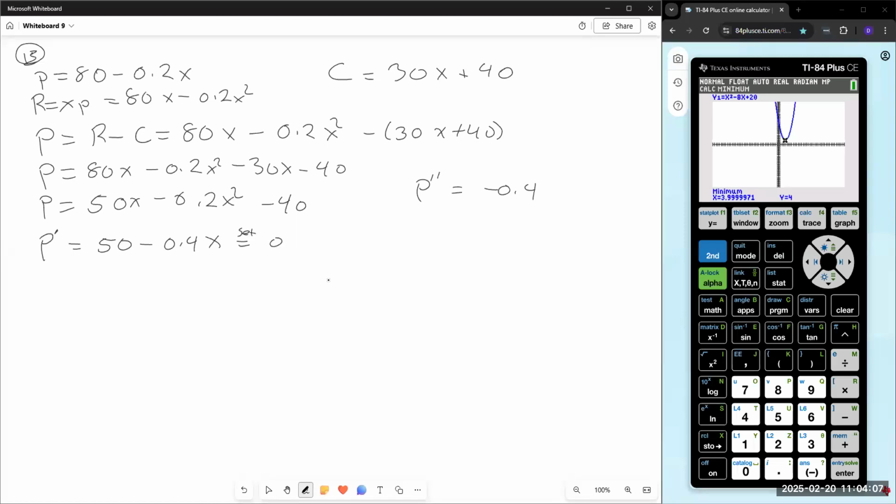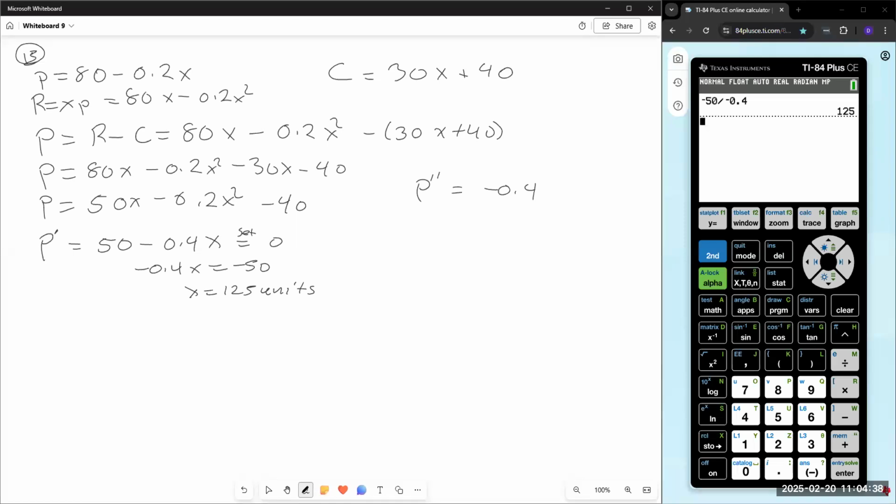Set that equal to 0. Negative 0.4x is equal to negative 50. Back to my home screen here. Negative 50 divided by negative 0.4 is 125 units. So part A asks me at what price do I have a maximum profit.